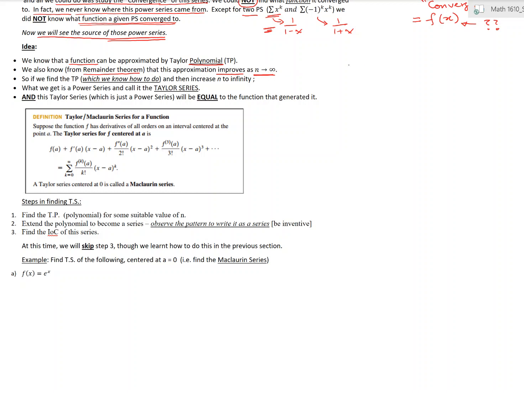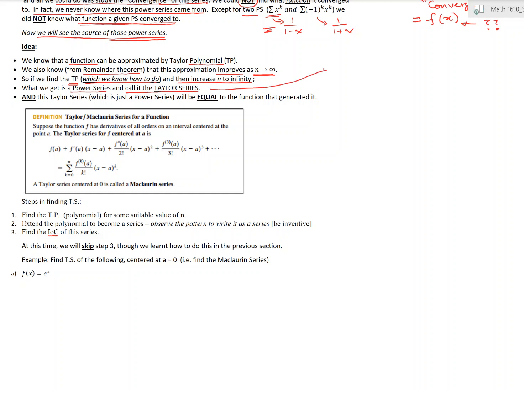As you take more and more terms in the Taylor polynomial, it becomes more and more accurate. So if we find the Taylor polynomial, which we know very well how to do, and then increase n to infinity, what we get is a power series. Obviously it's a power series, and we turn around and call it a Taylor series.